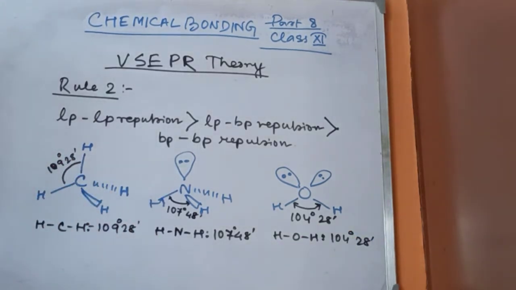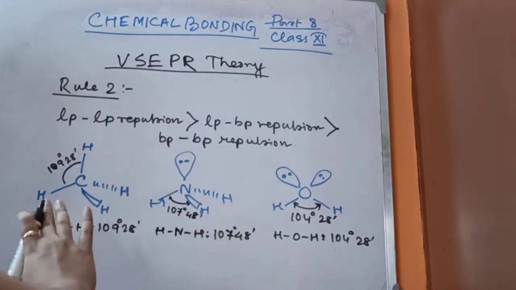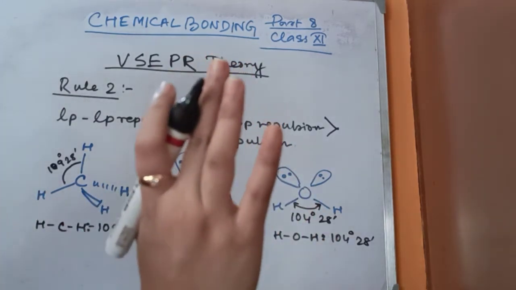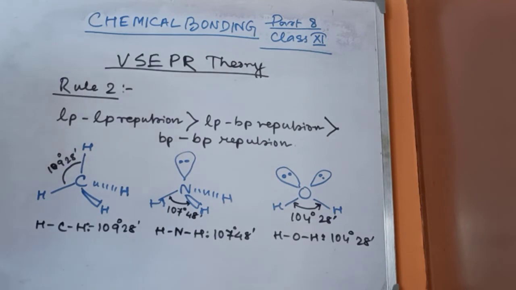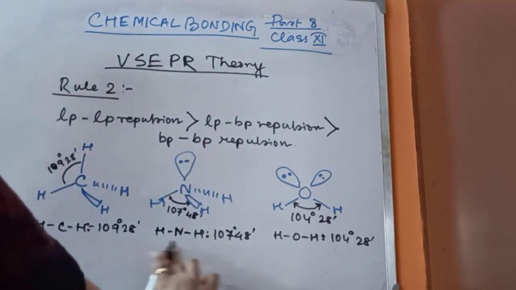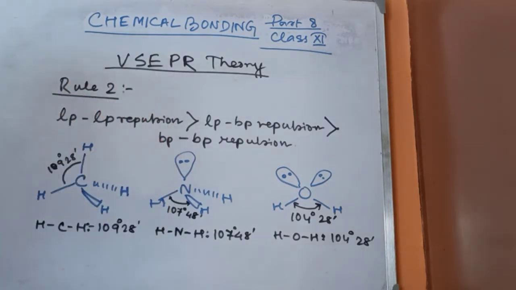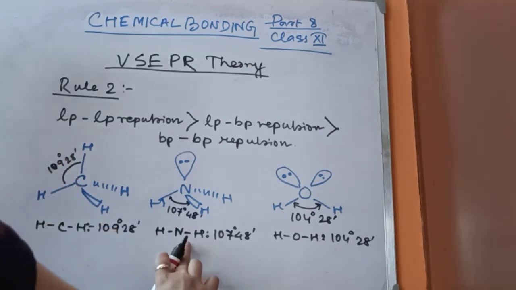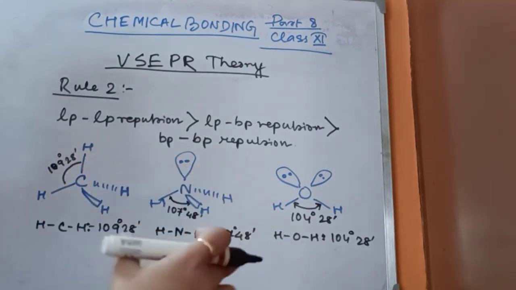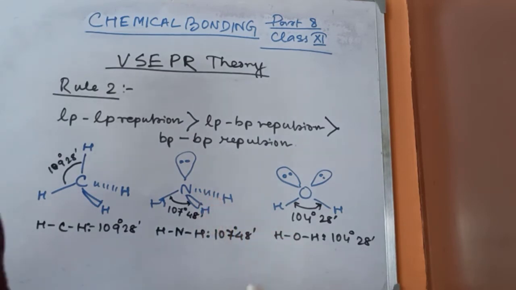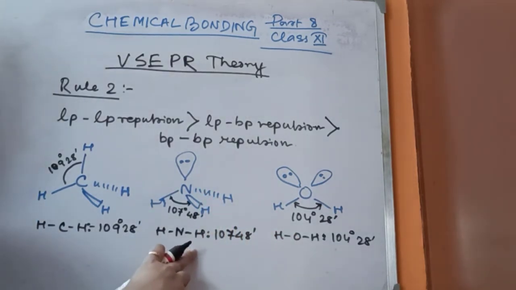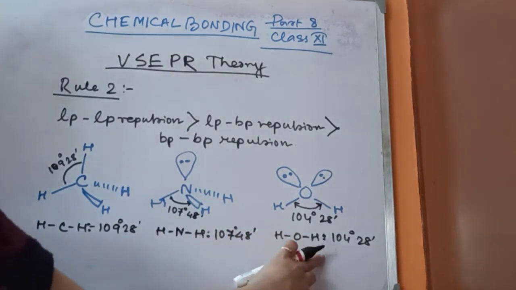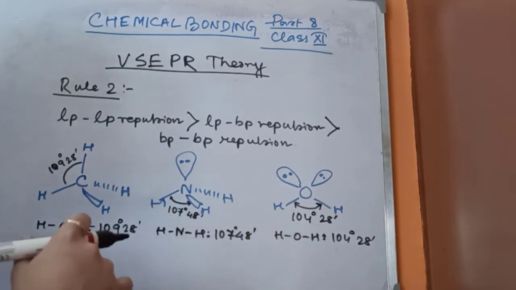See, all these three molecules should have an ideal shape of tetrahedral. But methane has a tetrahedral structure, while the actual shape of ammonia is pyramidal and water is angular or V-shaped.